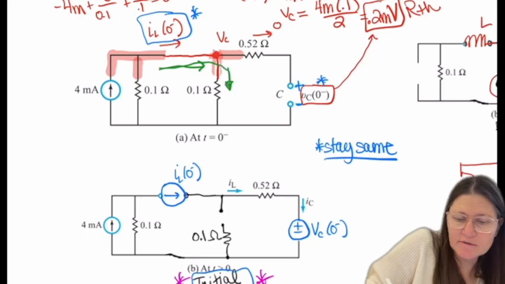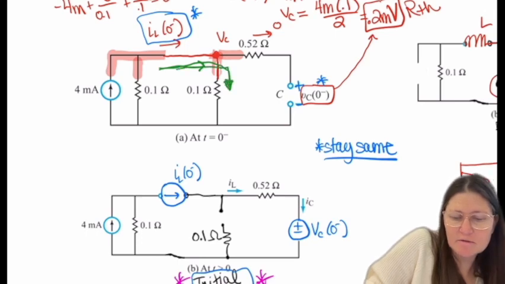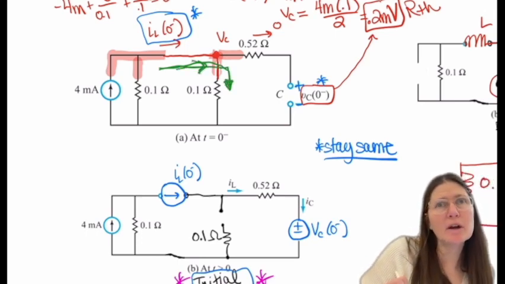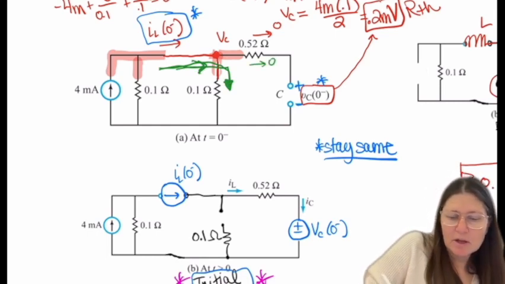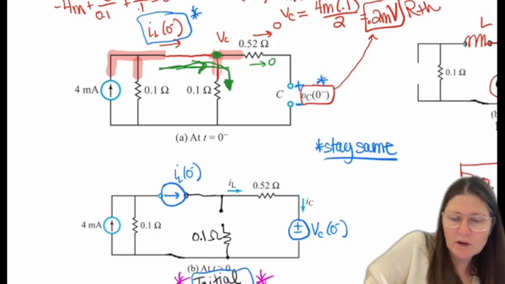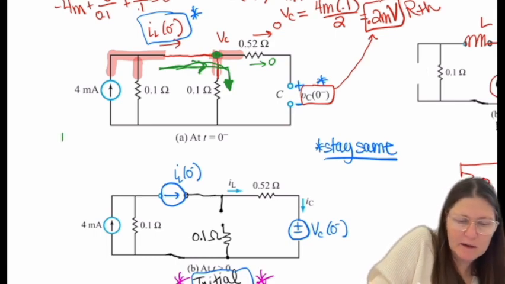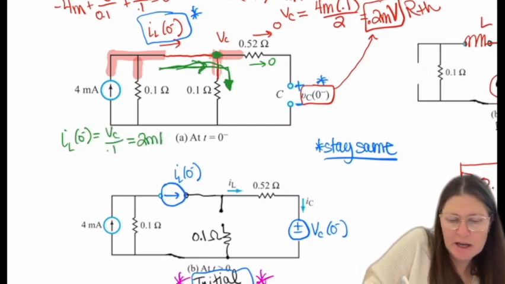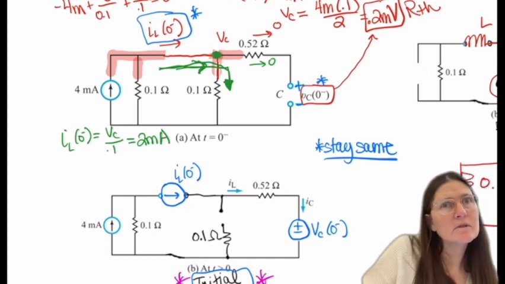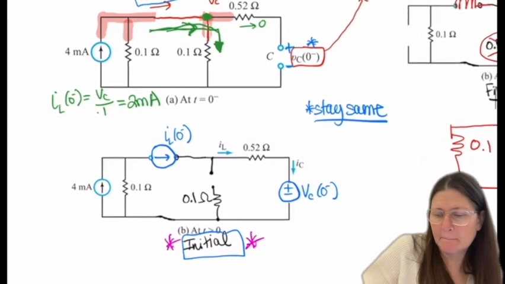All this current just flows around through there because this is 0. If I know this node, I can find that current just by VC over 0.1, which gives me 2 milliamps. You guys see that? Okay.